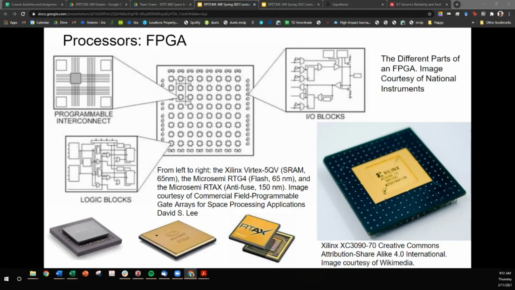Here is what an FPGA chip can look like. Here's an array of them. And then if you were to look at a schematic of FPGAs, you'll see physical connections, programmable interconnects, and within a little block, you can have these set logic blocks.